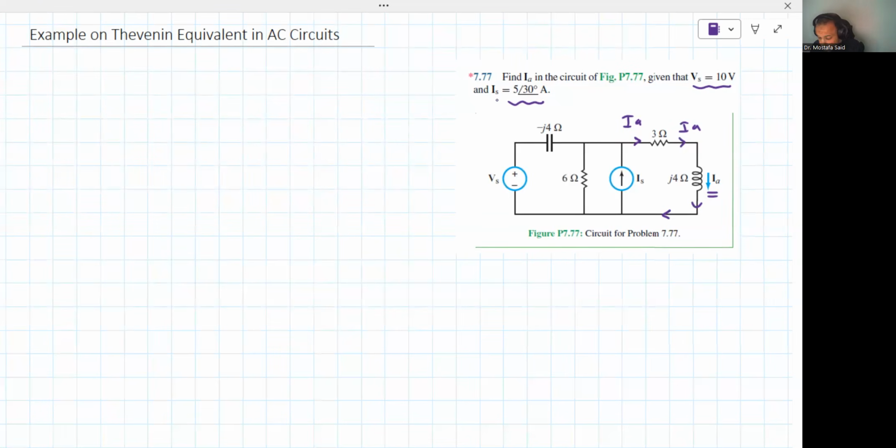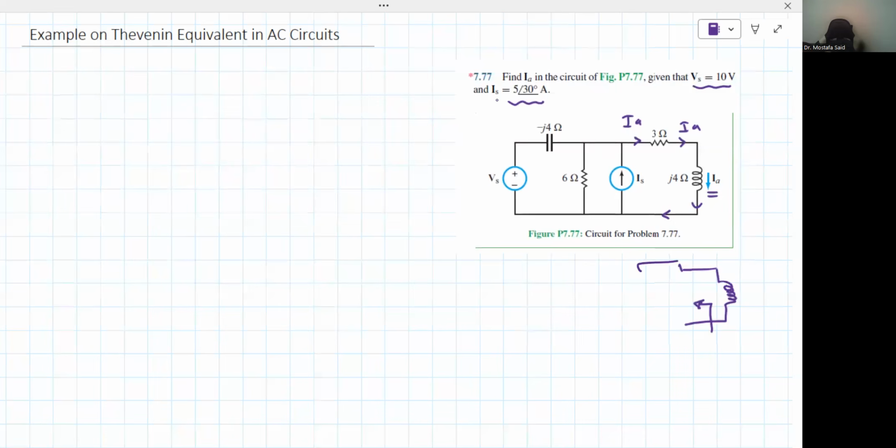So this current flows into the 3 ohm resistance and the j4 reactance. If we apply Thevenin equivalent on that circuit by looking from the perspective of the inductor, we're gonna take the inductor nodes and look from its two terminals into the circuit.